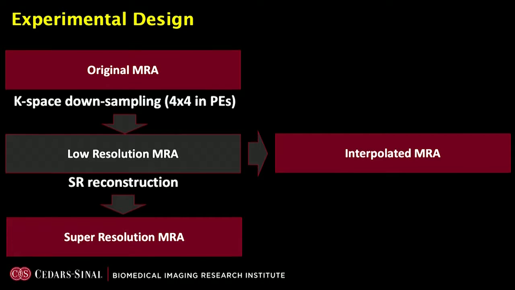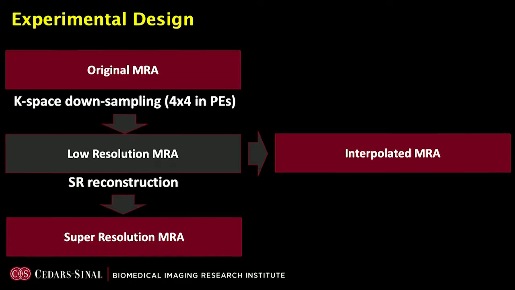So this is the experimental design. We have the originally acquired coronary MR angiography, and we perform a k-space-based downsampling by 16 times in both phase encoding directions to generate a so-called low-resolution MR angiography, which will be interpolated to the original resolution.